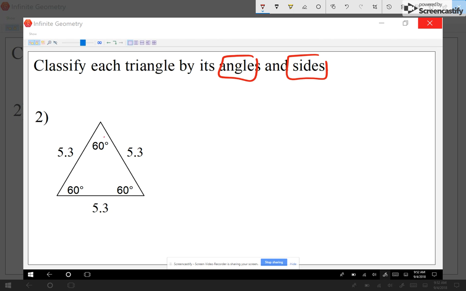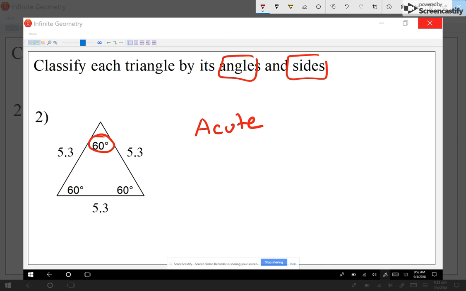In this case, 60 is the biggest angle. I know the other two are the same, but if I look at the biggest number, the biggest one is 60, which is less than 90. So I'm going to say this triangle is called acute.